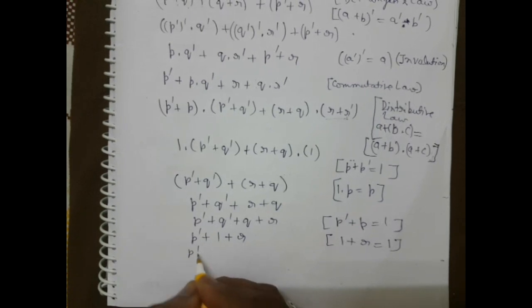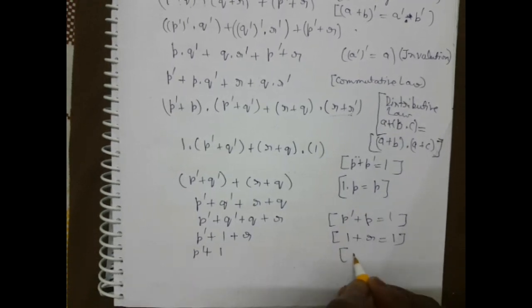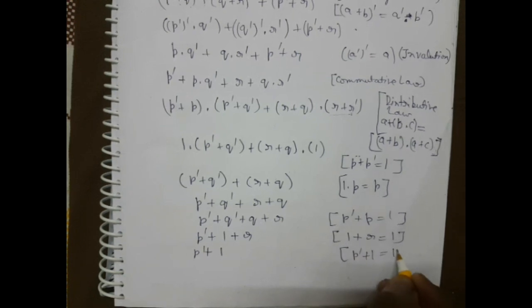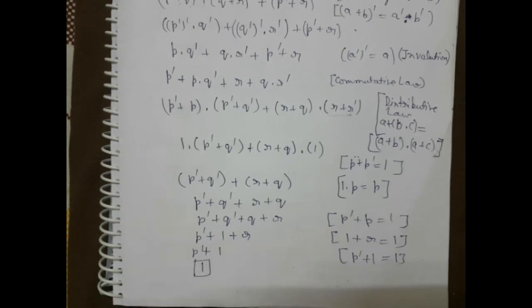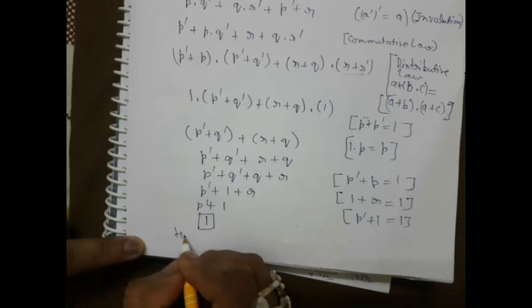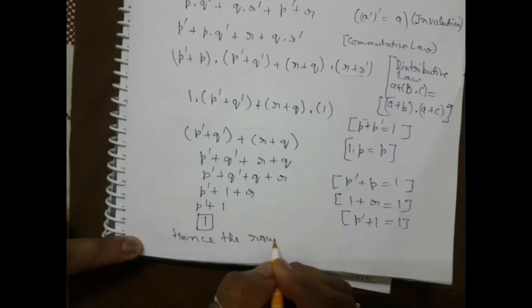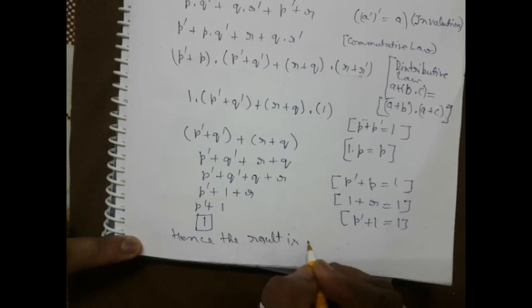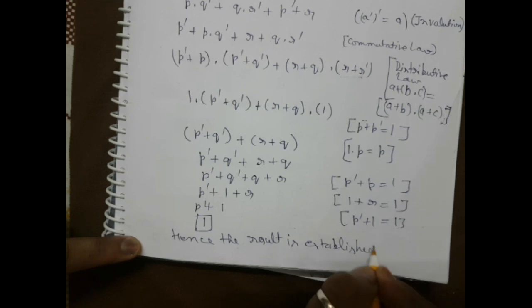So P dash plus 1 again, by the properties of 1, is going to produce 1. So this is a tautology, and hence the result is established.